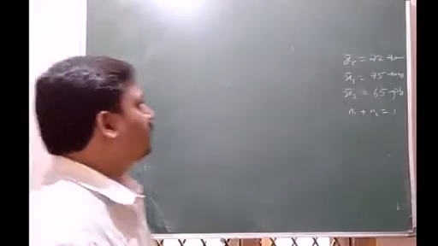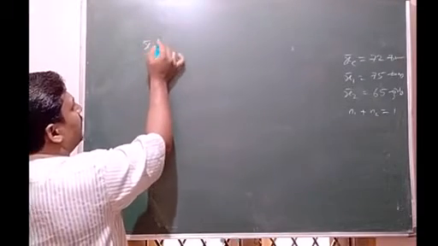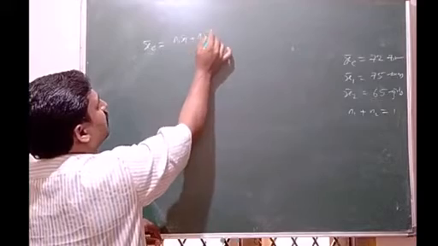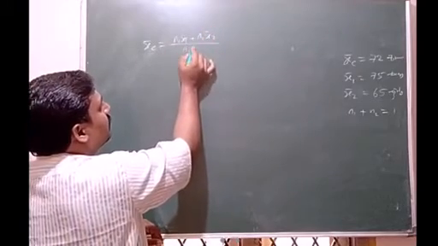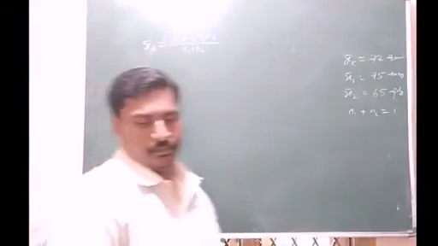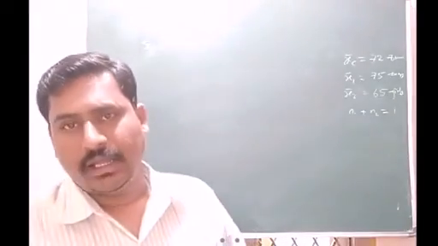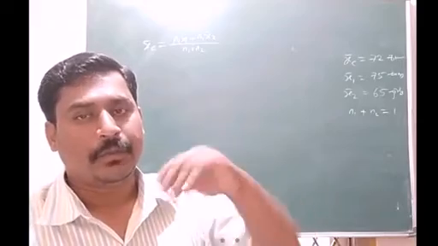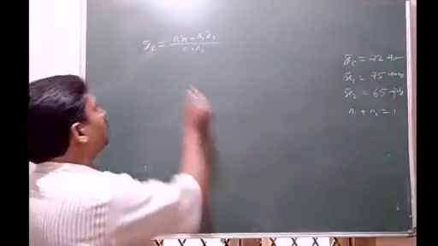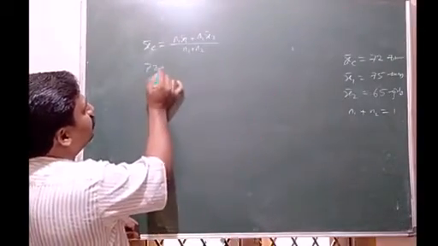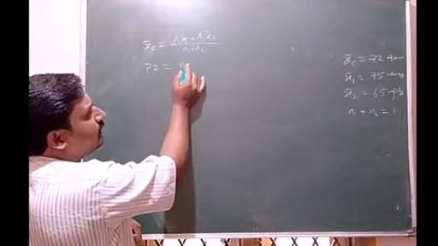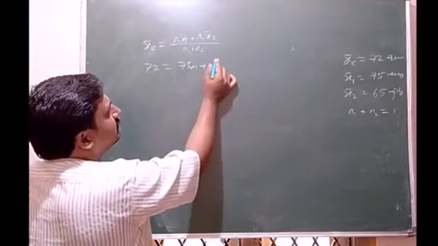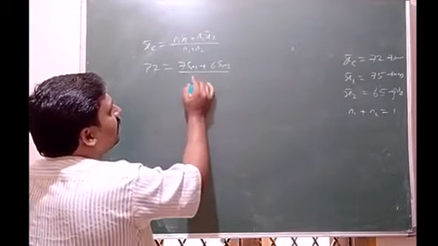Let us find it. The formula for X bar C, the combined arithmetic mean, is equal to N1 X bar 1 plus N2 X bar 2 divided by N1 plus N2. As I said, we can take N1 plus N2 equal to 1, but without taking that, let us find it first. So X bar C is 72, equal to 75 N1 plus 65 N2 divided by N1 plus N2.